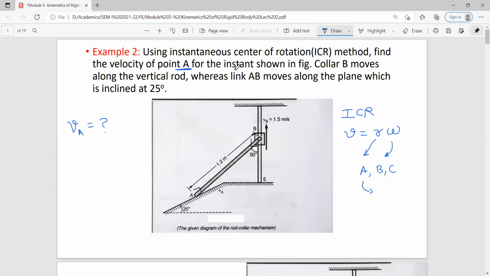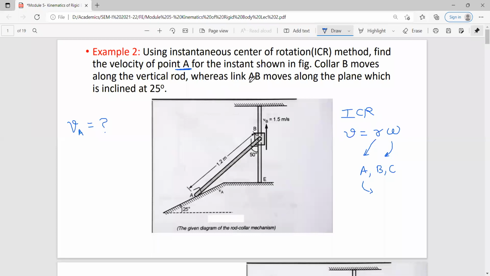Next, the collar B moves along the vertical rod. So this box which is over the vertical rod can slide over this vertical rod. So the direction of velocity of point B is given to you, that it is in the vertical direction. Direction of velocity is very important in order to locate the ICR.